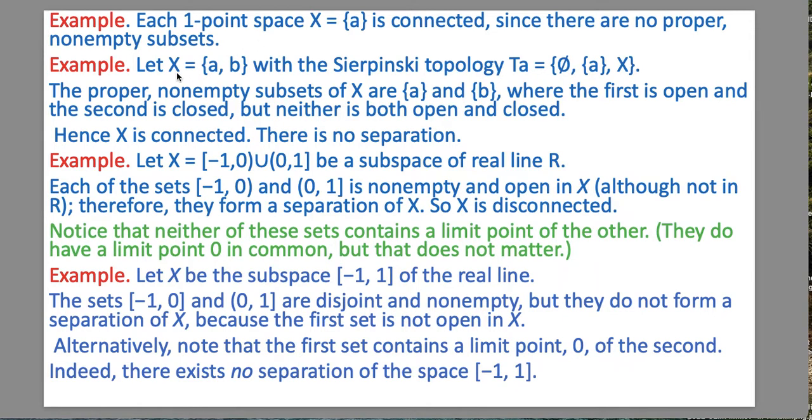One more example is of two-point set X equal to {A, B} with Sierpinski topology T equal to {phi, A, X}.